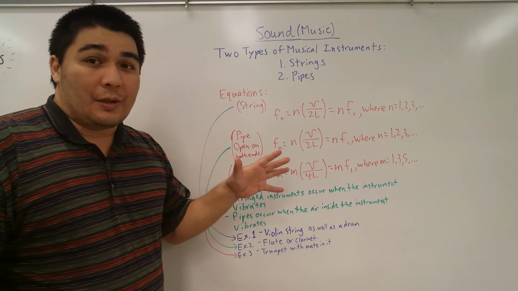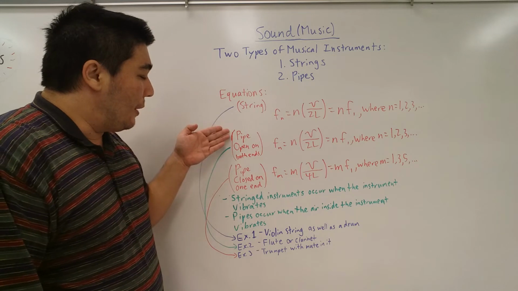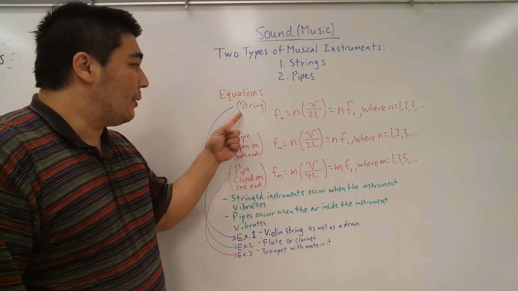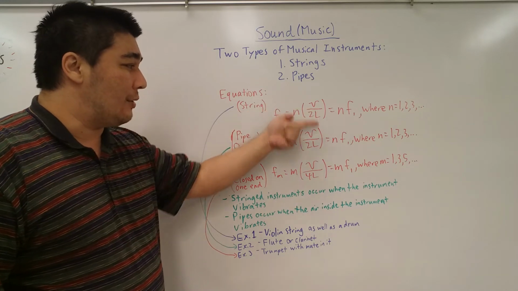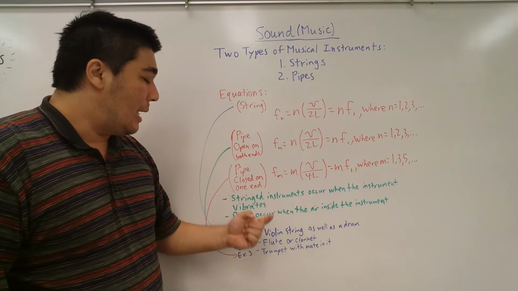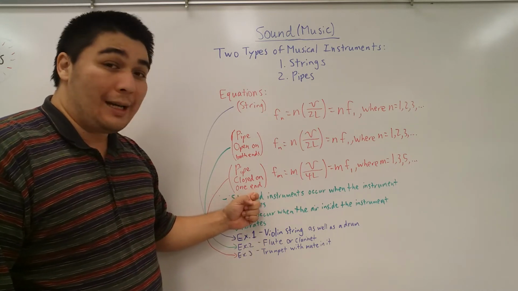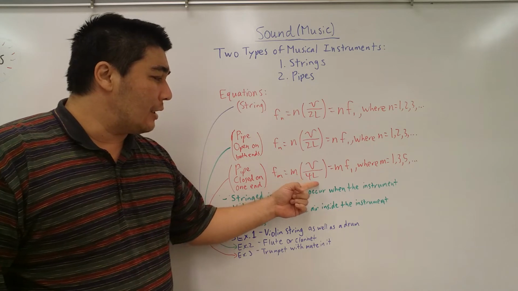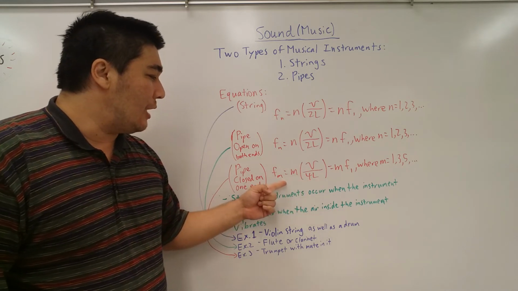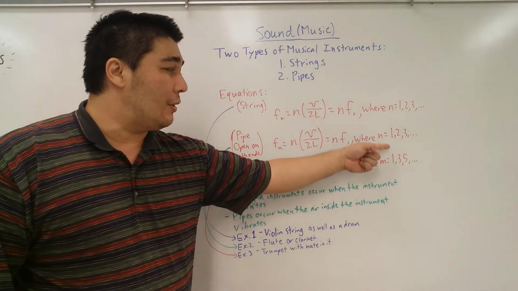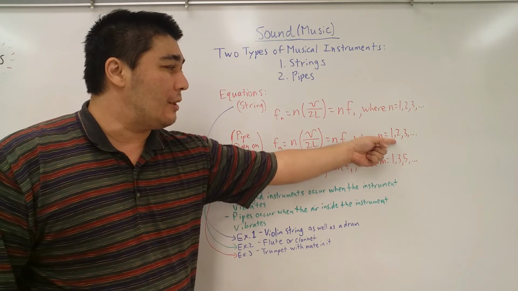Now, what is the difference between a pipe open on both ends and a pipe closed on one end? Well, with a pipe open on both ends, what I just described for a string is the exact same thing. There you will get a whole bunch of notes. With a pipe that is closed on one end, however, so for a muted trumpet, that's actually going to change. The equation changes where the integer is now, because what you notice here is that the integer here is n equals 1, 2, 3.